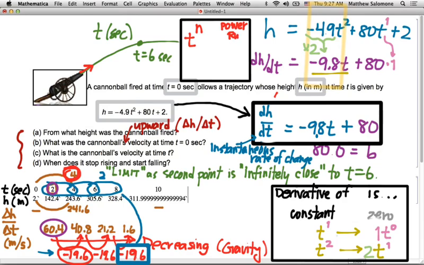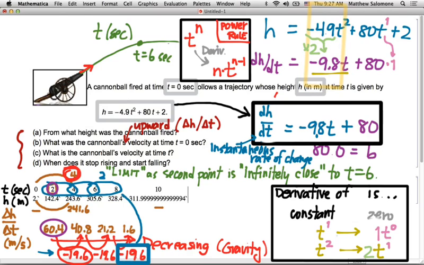Power rule. And the power rule says that the derivative of t to the power n is, first of all, that power, as Eliot says, multiplies out in the front. And then the exponent is decreased by 1.